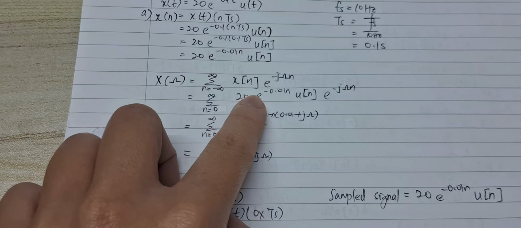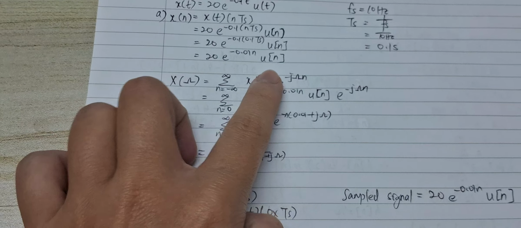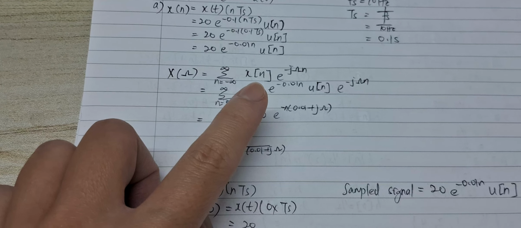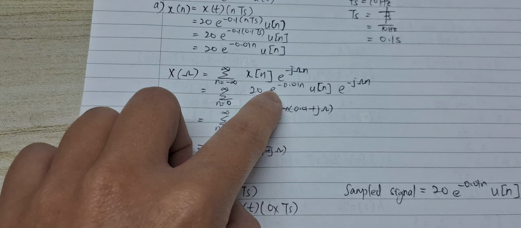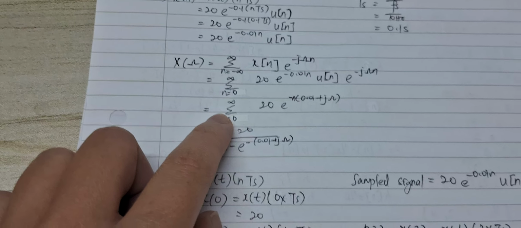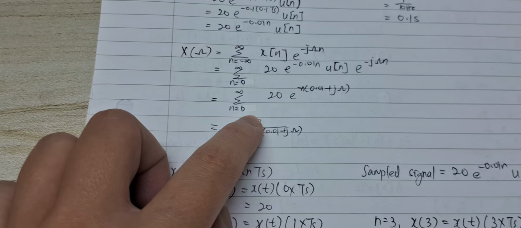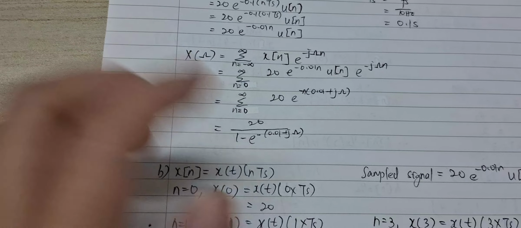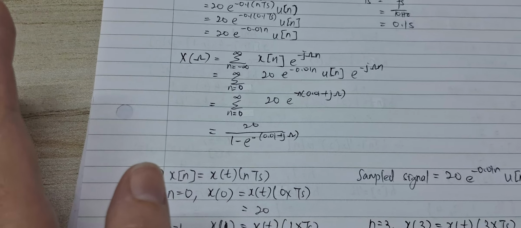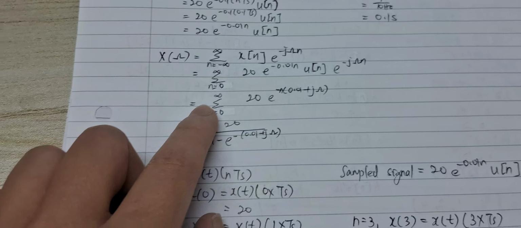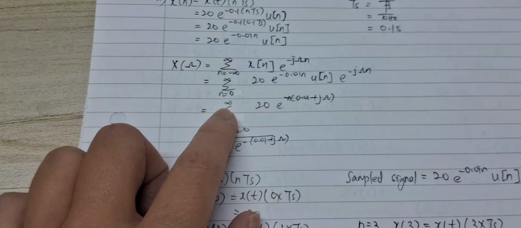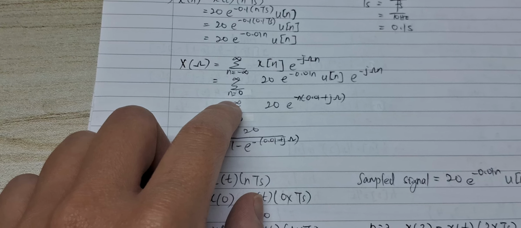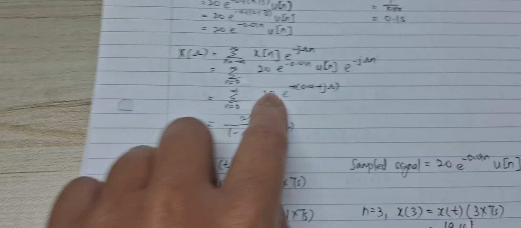As x[n] has the unit step function u[n], the unit step function has no value before zero. After 0 we get a finite value equal to 1. So we just sum for n equal to 0 to infinity.